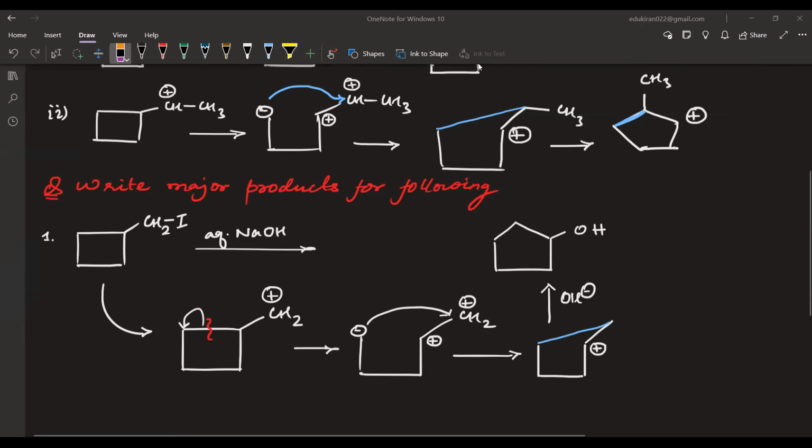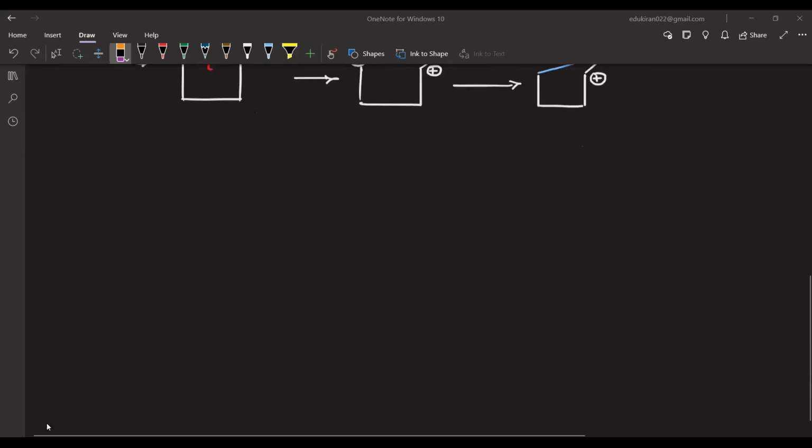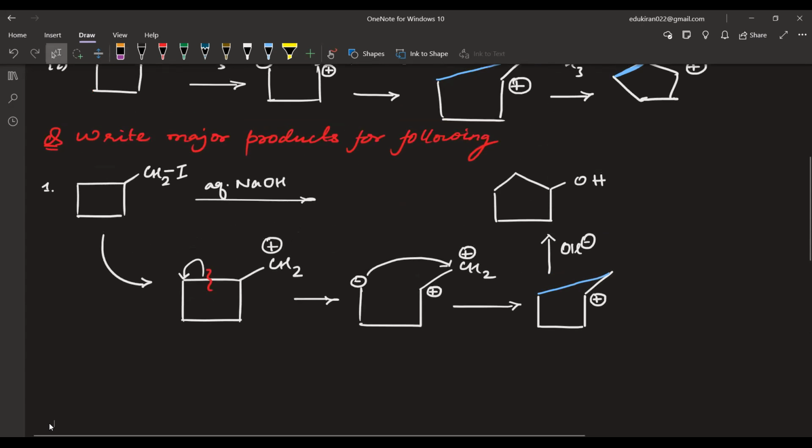Yes or no? Okay. Just let me know if someone is writing, okay? No one is writing. Okay, so I will be asking you a few questions here. Now, what you have to do is you will make the carbocation only. Okay, the first carbocation like this. You'll make this much, and then send it to me. I think all of you can do this much.